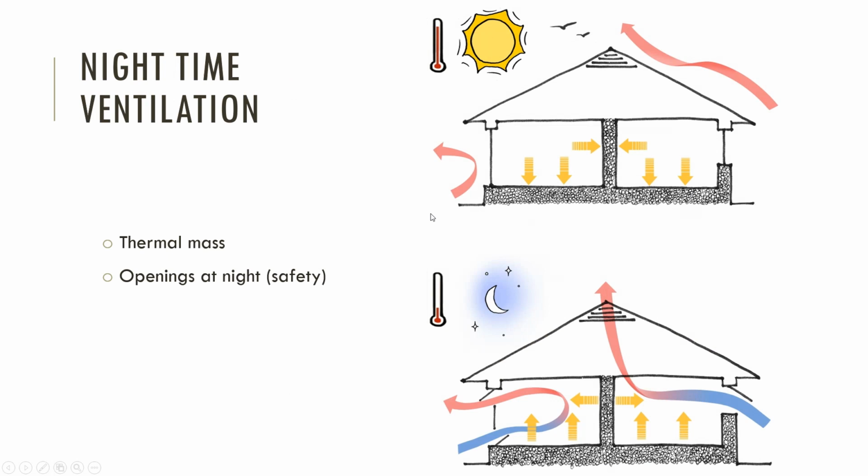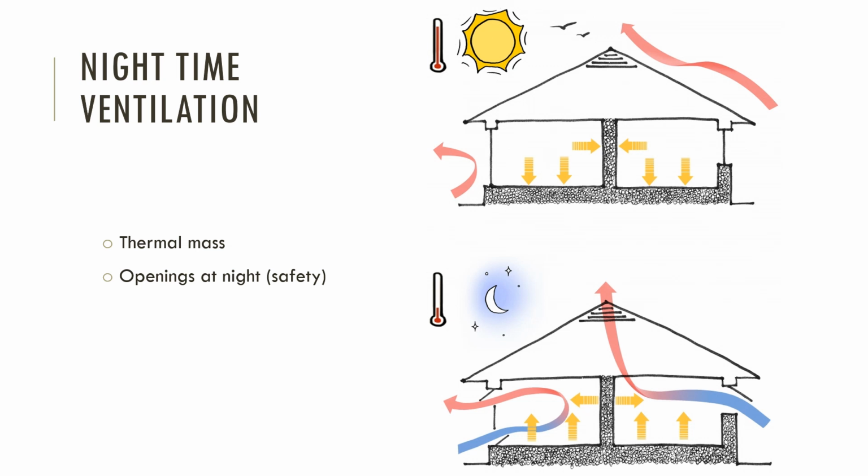Now, if you're using natural ventilation, you might also want to use thermal mass. Again, materials which have high thermal mass can be things like concrete or bricks, for example. Or if you have a floor of tiles on top of concrete, this would be high thermal mass.